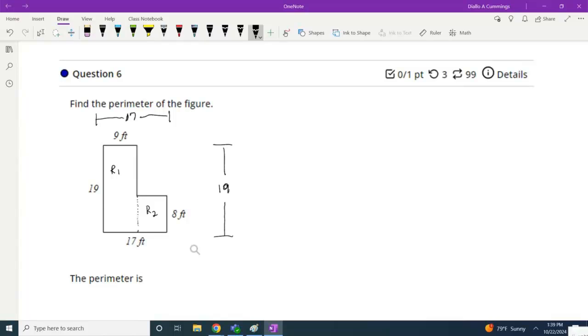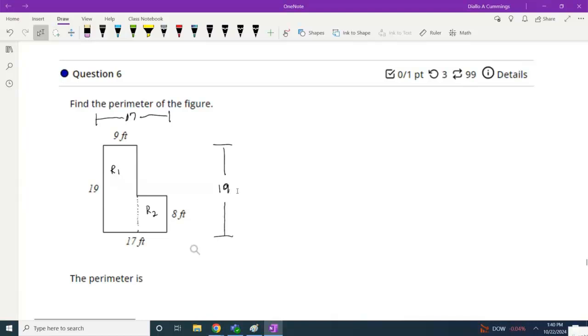Now I want to find all of my side lengths. What would be the length of this side? If this is 19 and this is 8, then this would have to be what? 8 plus what gives me 19? 11.